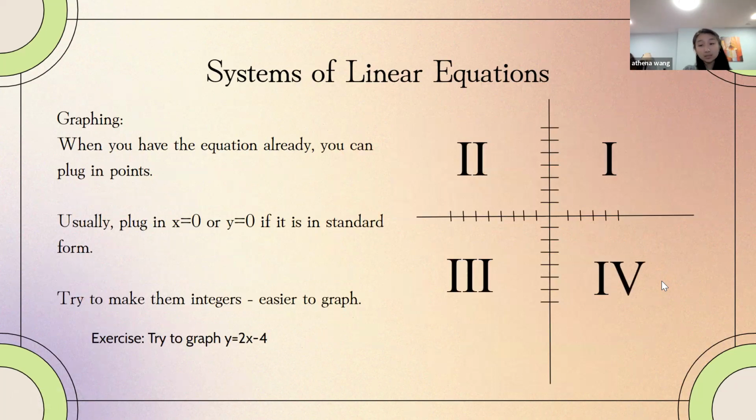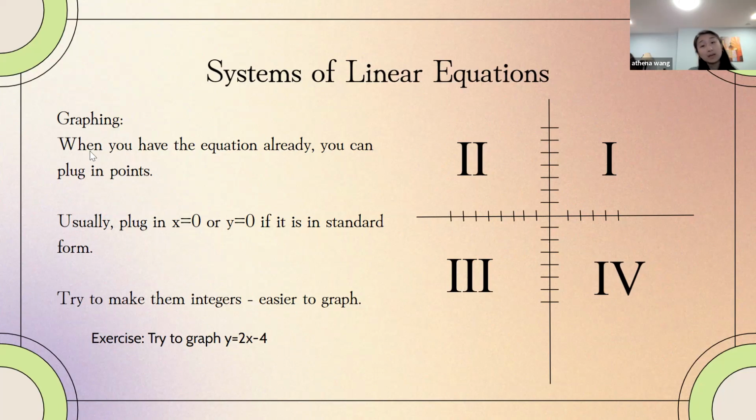And then we also know for graphing, know the 4 quadrants. So we have, this is quadrant 1, this is quadrant 2, this is quadrant 3, and this is quadrant 4. And if you can, try to graph these linear equations because especially if we're solving like inequalities, it can be helpful.